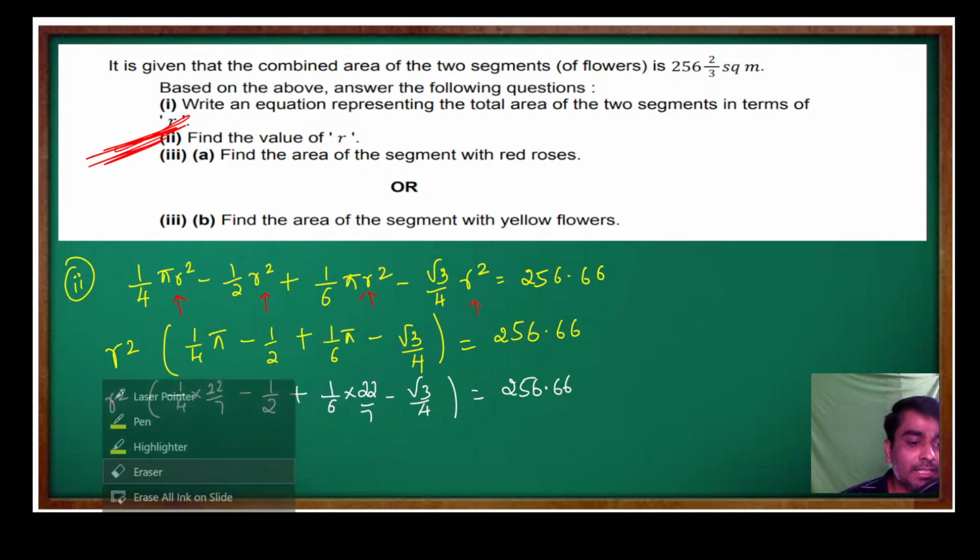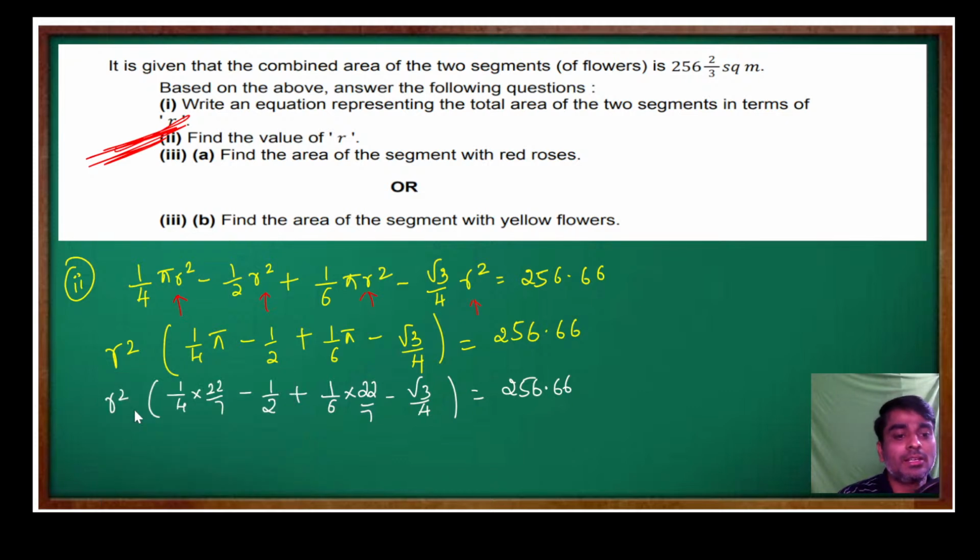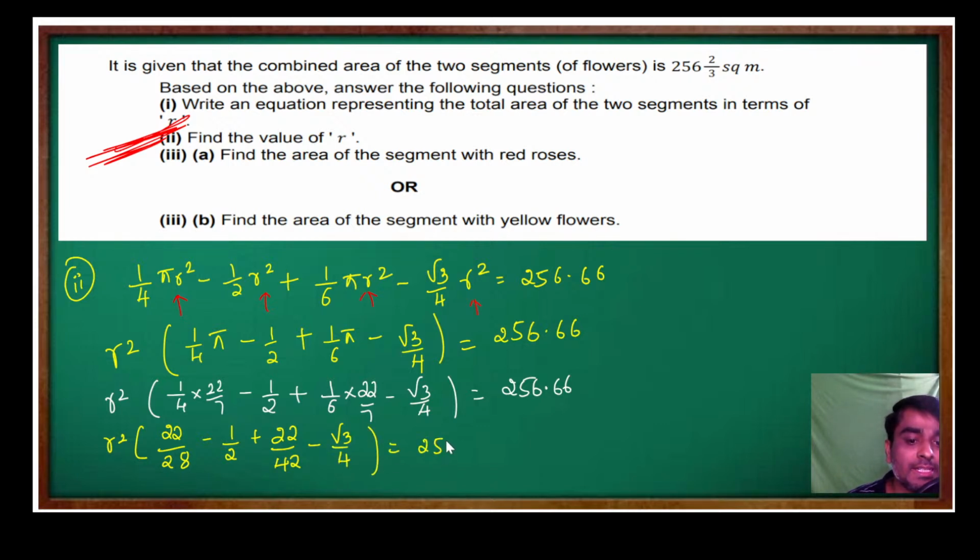Now we'll take this now. What is this, 1 by 4 into 22 by 28 r square? 22 by 28 minus, you need to have patience here, half, plus this will be 22 by 42 minus root 3 by 4 is equal to 256.66.